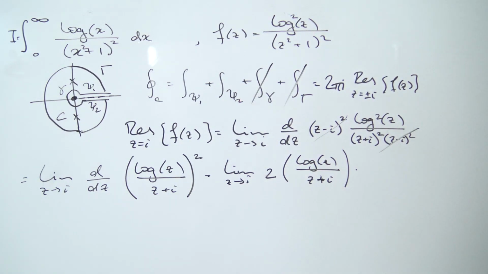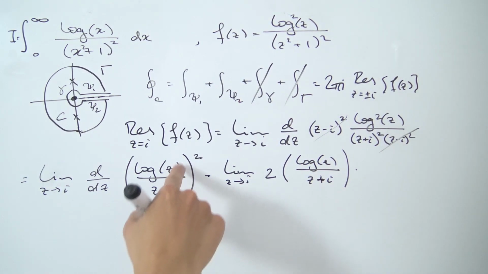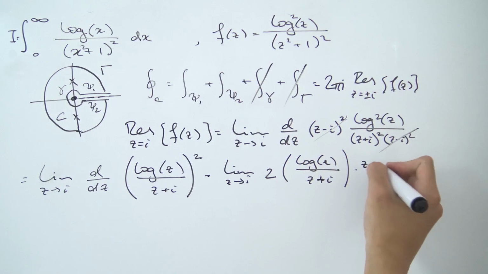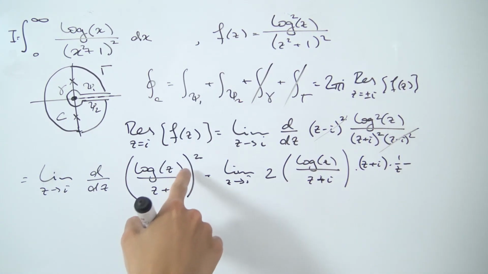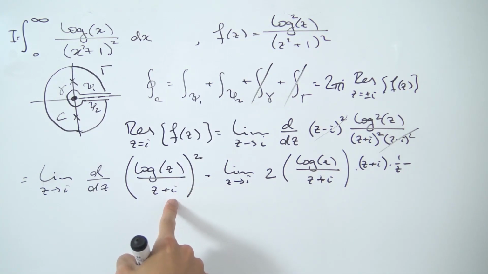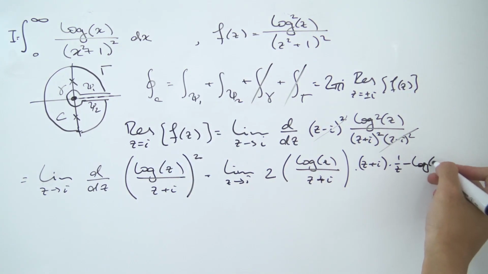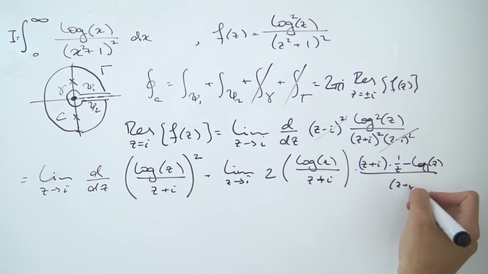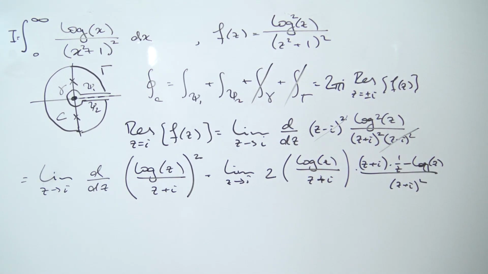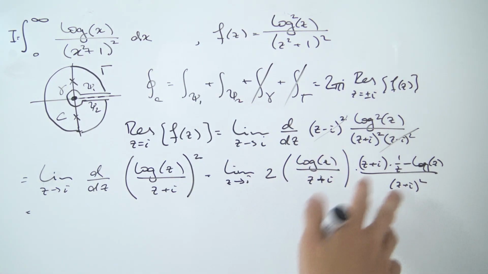That's a quotient rule. So we have v u dash, so this is z plus i times 1 over z, minus u v dash, so log of z, where v dash is 1, divided by (z plus i) squared. Now we just take the limit, and nothing blows up if we plug in i.